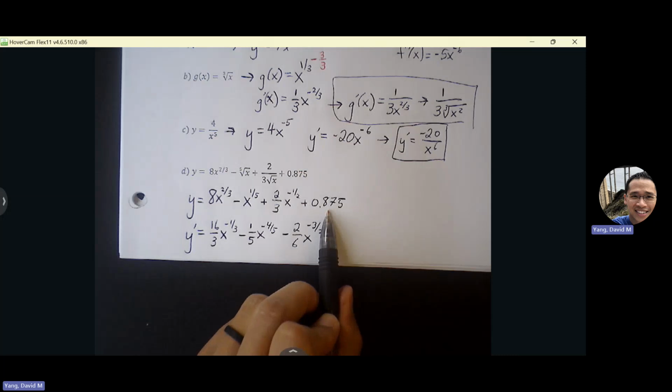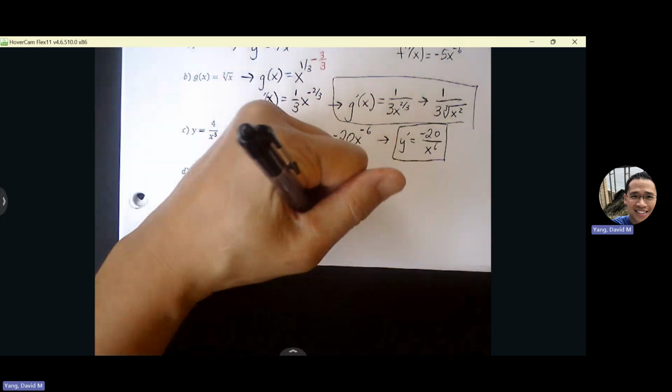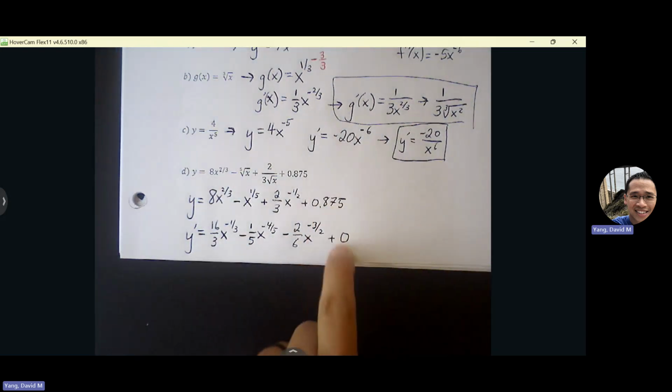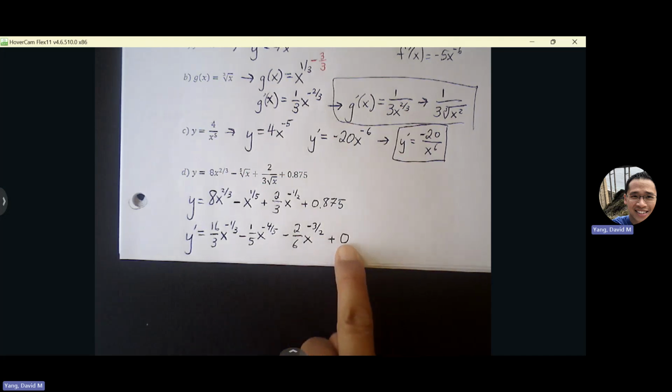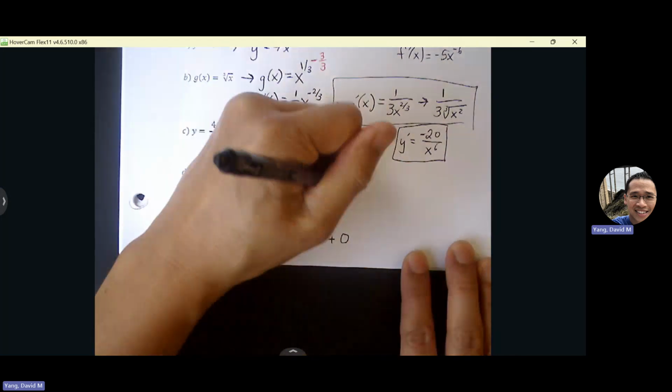And what about 0.875? It's a constant. So a constant goes to a 0. I'm going to put a +0 here just to indicate that's what happened, but you can leave that blank. I just want to show right now that we're not forgetting about this term. We are applying the derivative for that term.